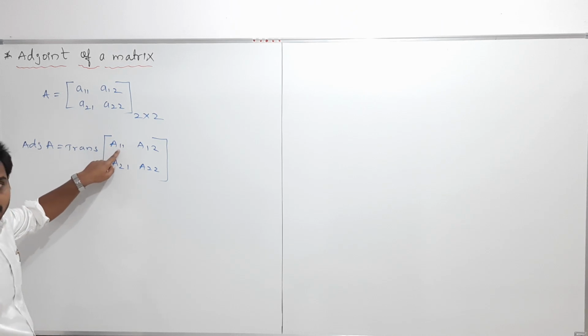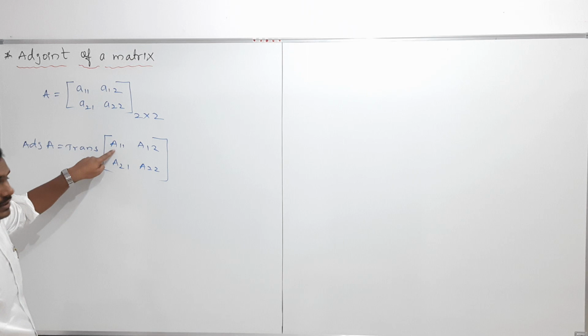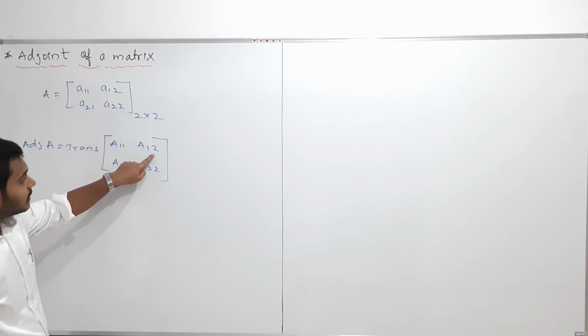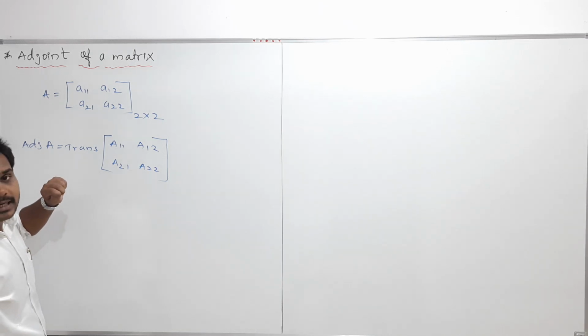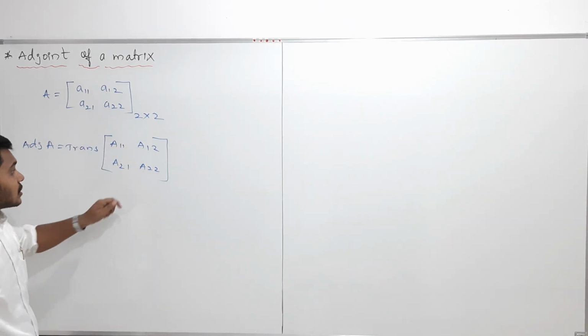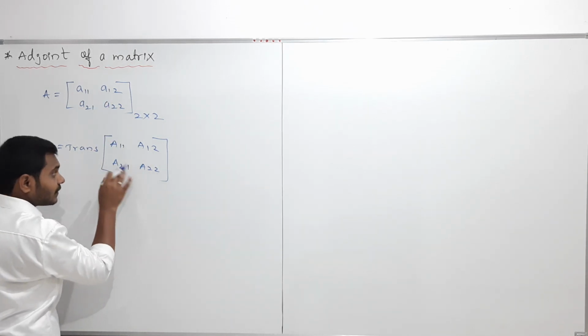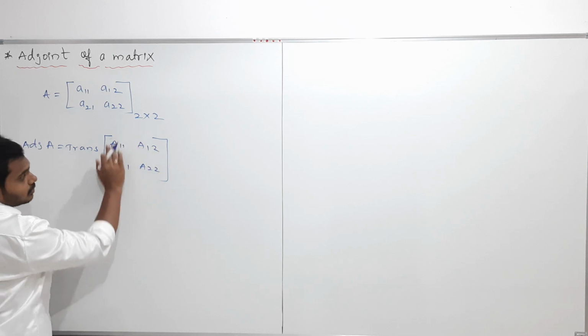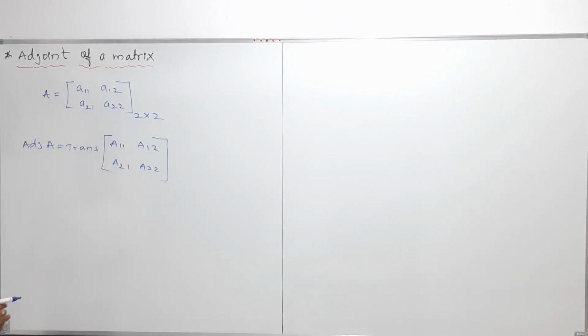Capital A11 means the cofactor of A11. Capital A12 means cofactor of A12. Capital A21 means cofactor of A21 element. Capital A22 means cofactor of A22. So first you should consider the cofactor of each element, and after this you should take the transpose of this. That will give you the adjoint of A.